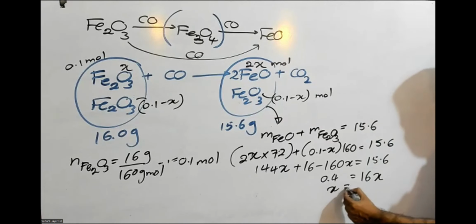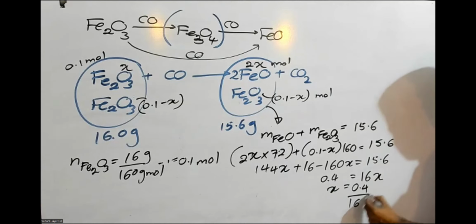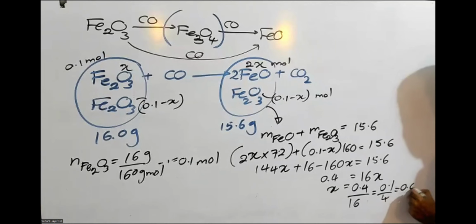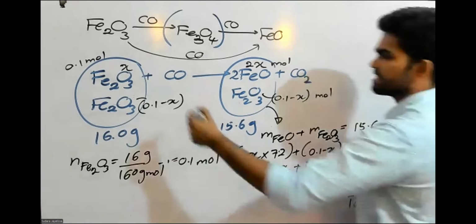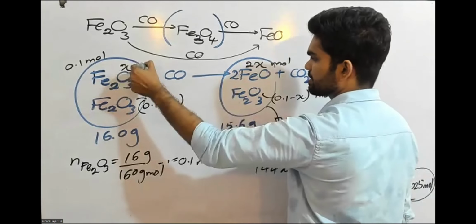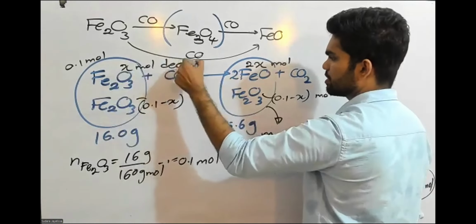That means x is equal to 0.4 divided by 16, which is 0.1 divided by 4, 0.025. So this is the moles of Fe2O3 decomposed, because I selected that as x moles decomposed.